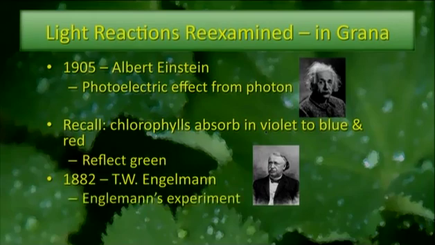He took one strand of a filamentous freshwater green alga known as Spirogyra, put it on a slide with a cover slip, mounted it in fresh water, and shined light through a prism.